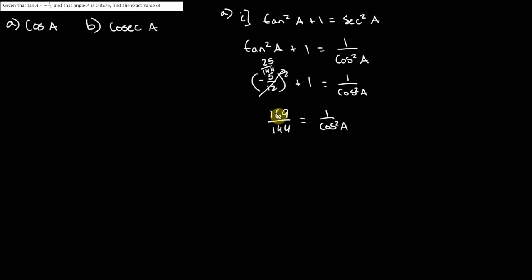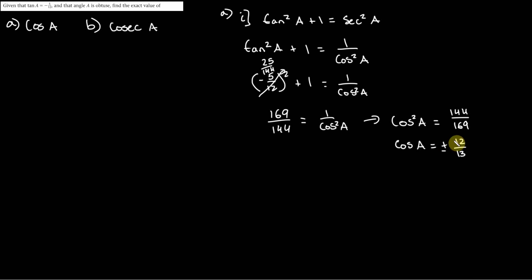Then we just want to flip everything, because we want to solve for cos A. This is just basic algebra, of course: we get cos squared A equals 144 over 169. Take the square root of both sides. We get cos A equals plus or minus, well, the square root of 144 is 12, and the square root of 169 is 13, so plus or minus 12 over 13. And now we need to ask ourselves, which one is it?